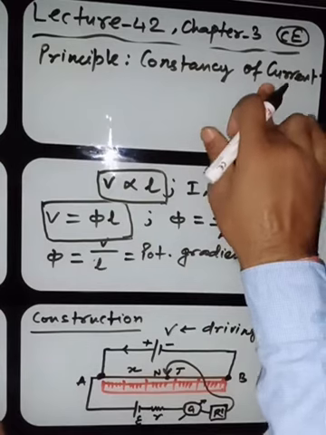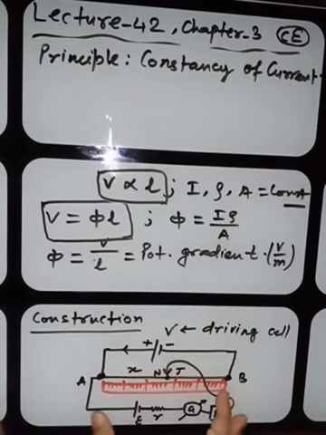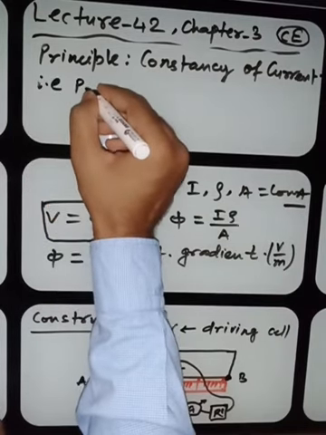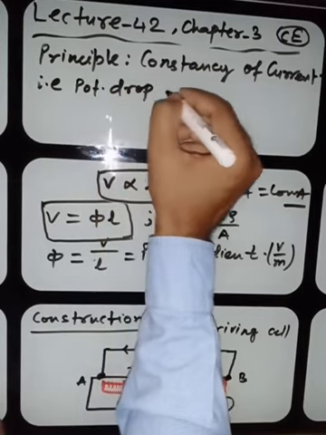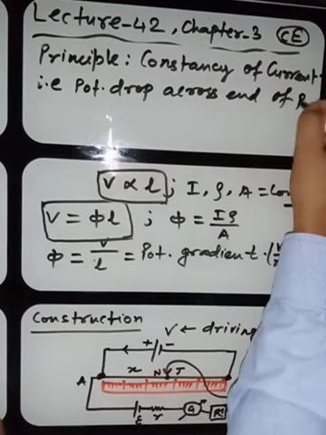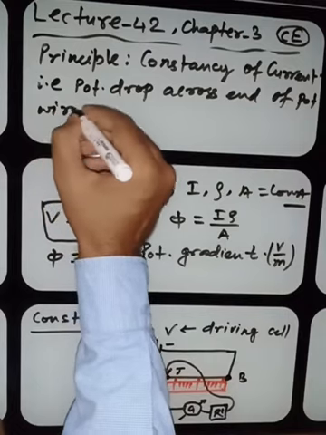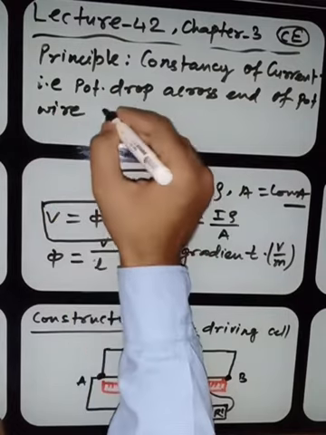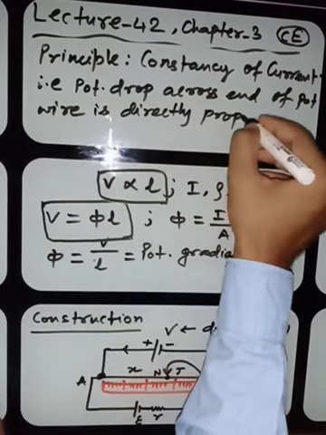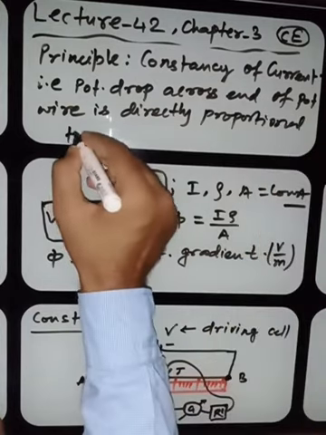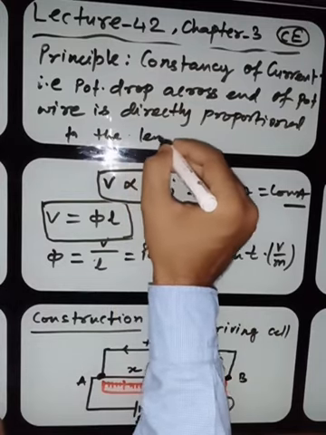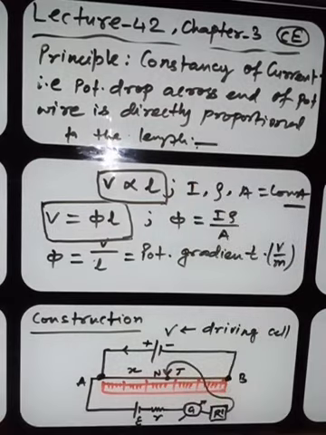Constancy of current, that is, the potential drop across the ends of the potentiometer wire is directly proportional to the length of the wire.